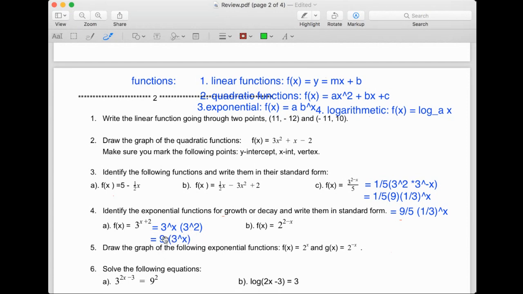In this case, we say 9 is a number, 3 is the base. Because 3 is bigger than 1, that's exponential growth. The second one, you can do the same thing. You'll see the number is 4, the base is half raised to x, half is less than 1, so the graph is exponential decay.